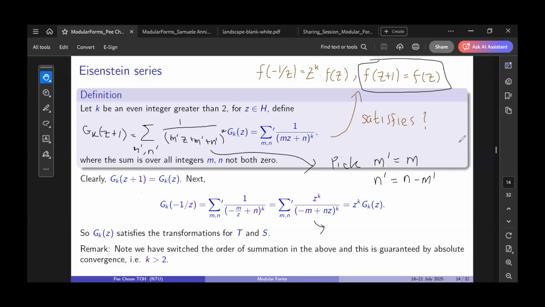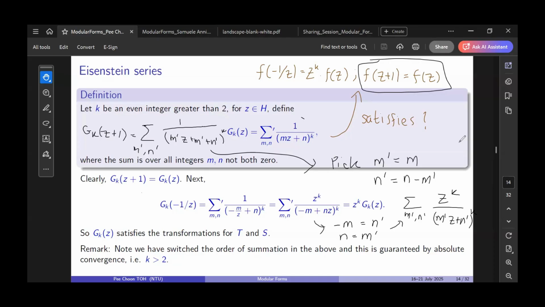So once again, we can just pick minus n equal to m', while m is equal to n', right? Which means that this will become m'z plus n' to the power of k.